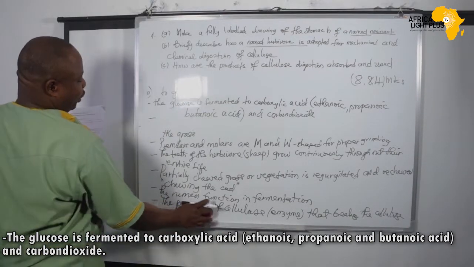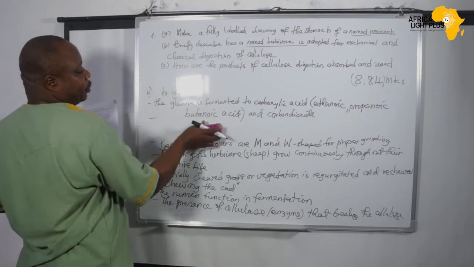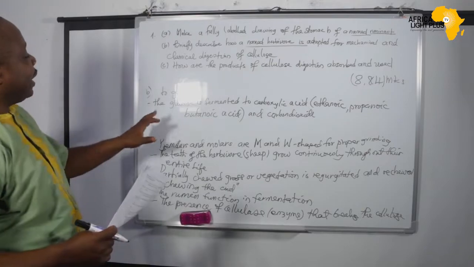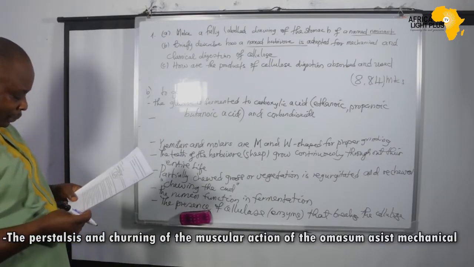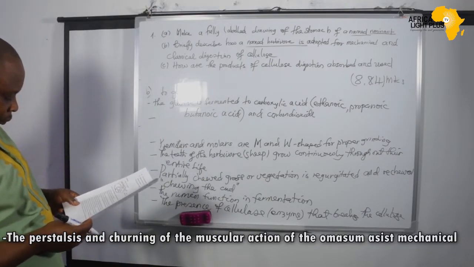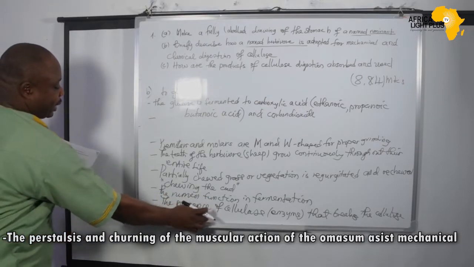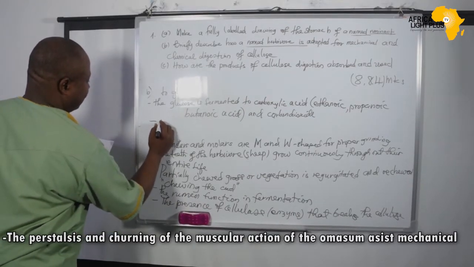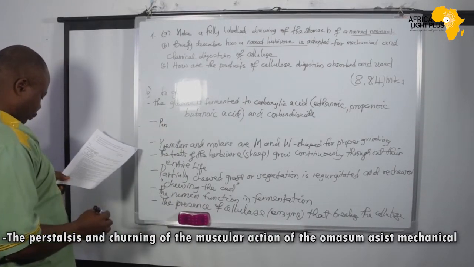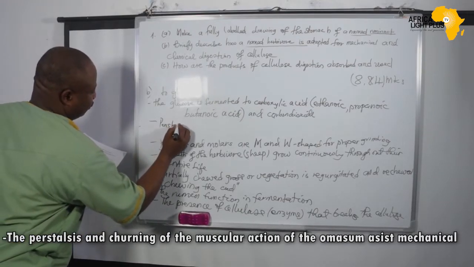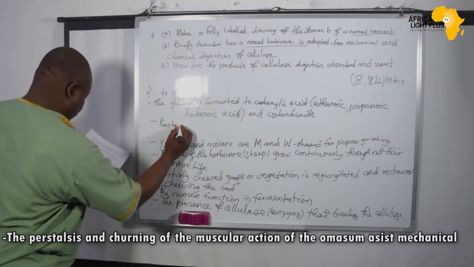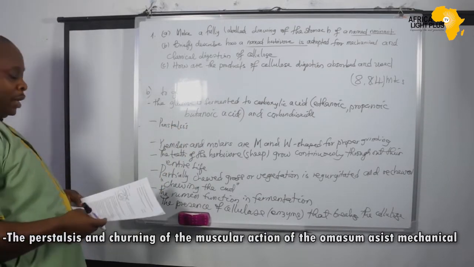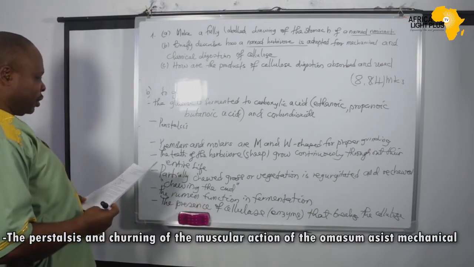The next and last point I'll look at under subtopic 1b is that the grass now is sent down through peristalsis, the alternate contraction of the longitudinal and circular muscle of the gut.